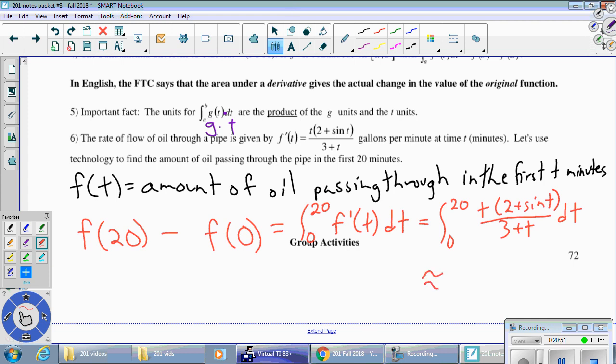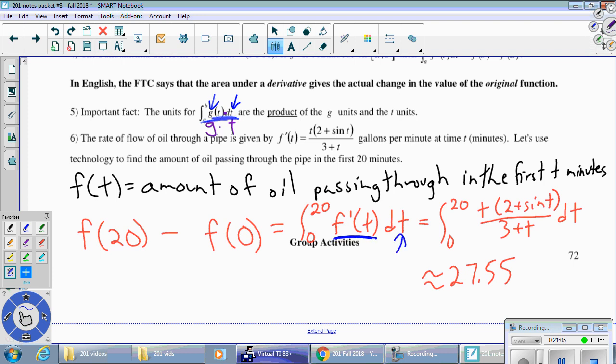So this is roughly 27.55, and remember we said the units for this are the output units of this function times the units for t. The output unit for this function is gallons per minute, so let's write that.